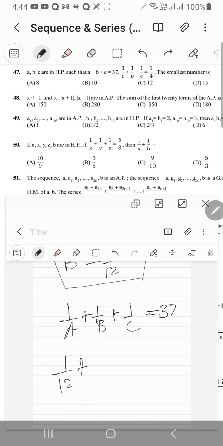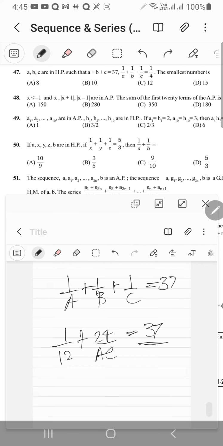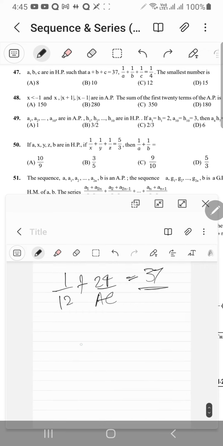The smallest number is, okay, why is this 37 of all things? I don't get it. Okay, whatever. 24 upon AC. Oops, 37 minus 1 upon 12.